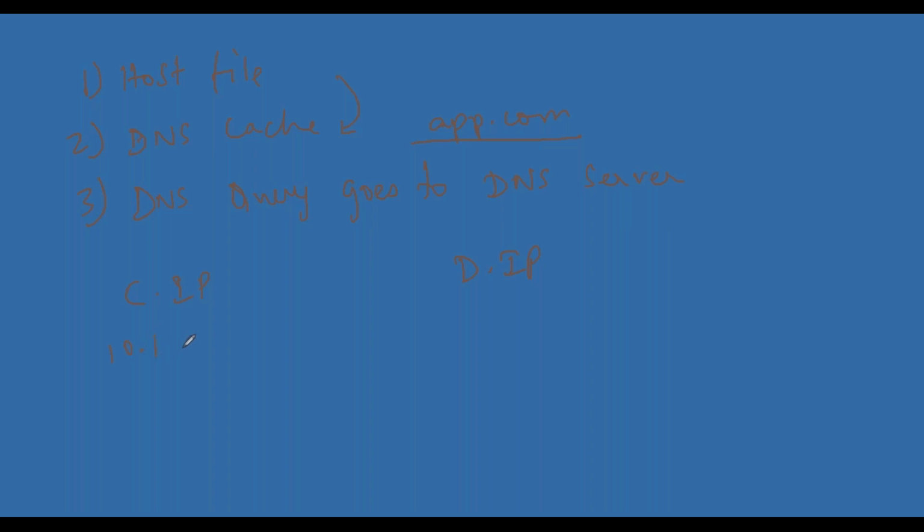For example, if the source IP address is 10.1.1.1 and the IP address we get for this destination is 100.1.1.1, this is how my packet is formed at different layers. At layer 3, I now know my source IP and destination IP address. Then this packet is handed over to the lower layer.